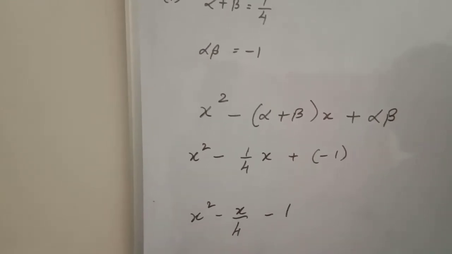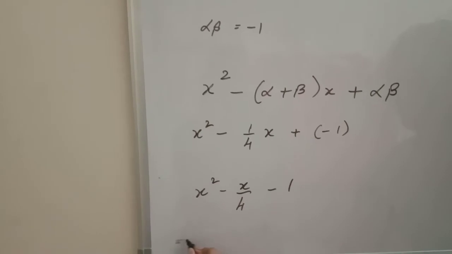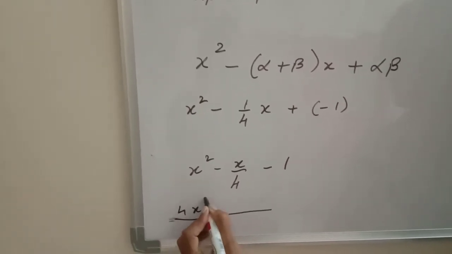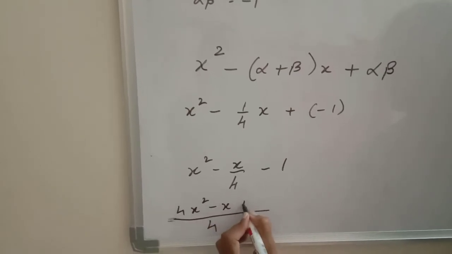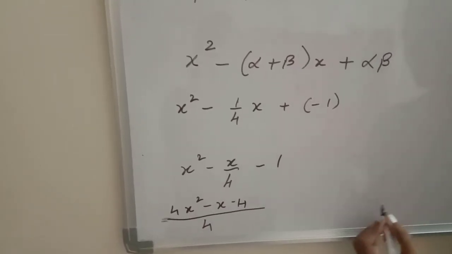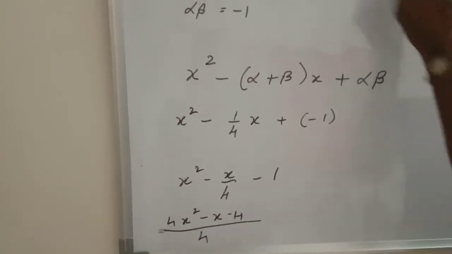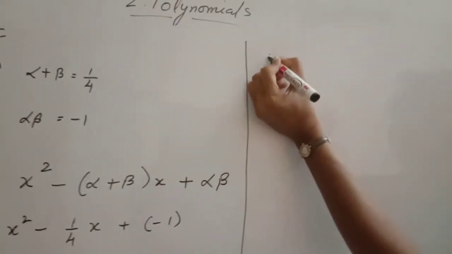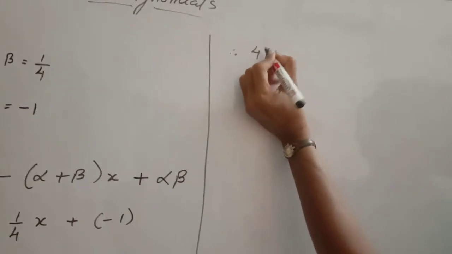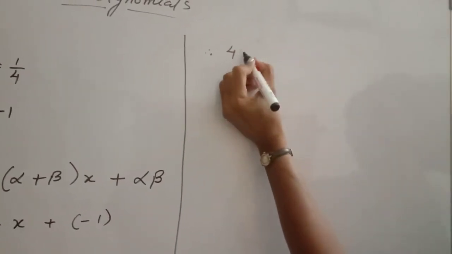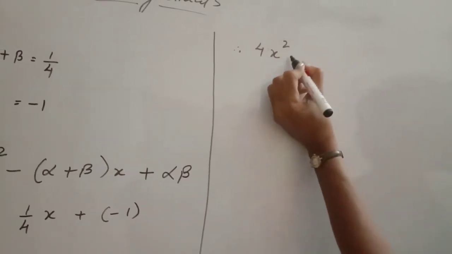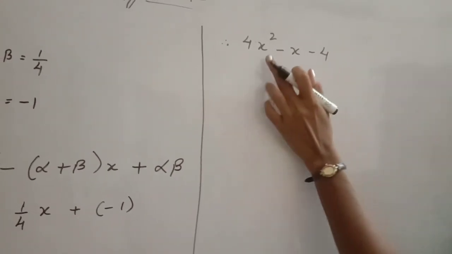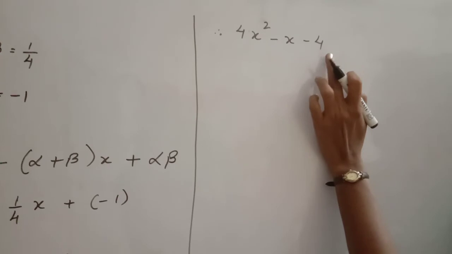If I take the LCM 4, I will get 4x square minus x minus 4. Now this 4 is in the denominator. Therefore, 4x square minus x minus 4 is my required quadratic polynomial.